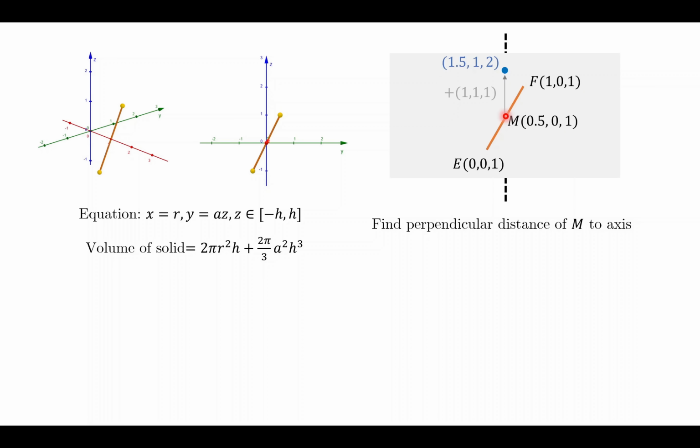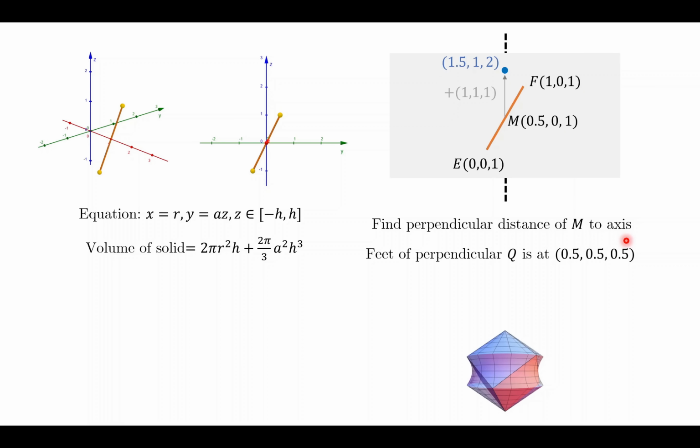So in this case, we are finding the perpendicular distance of M to the axis, which thankfully is very easy, because it is also basically us finding the distance from M to the middle of the cube.